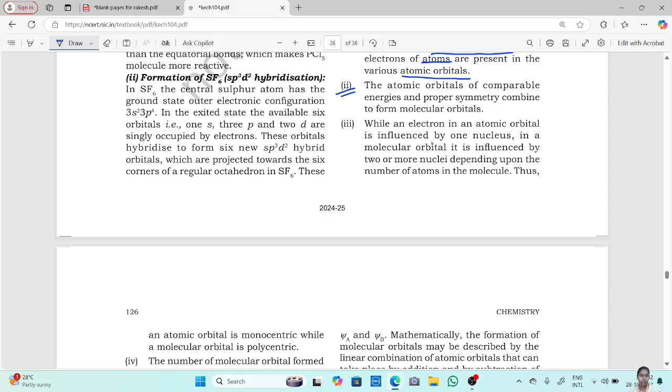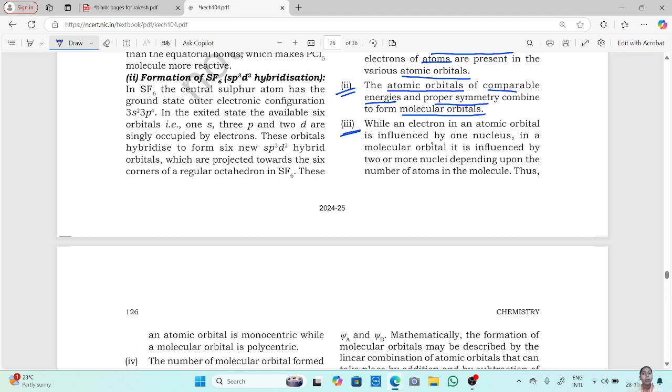You know, in hybridization, as I told you, the energies of the orbitals should be similar to form a hybrid orbital. Same thing, the atomic orbitals which combine together should have comparable energy and proper symmetry so that they can combine and form a molecular orbital.